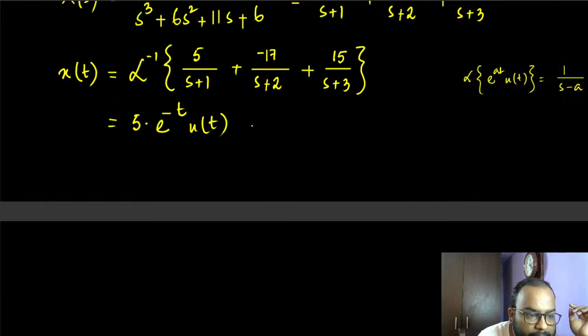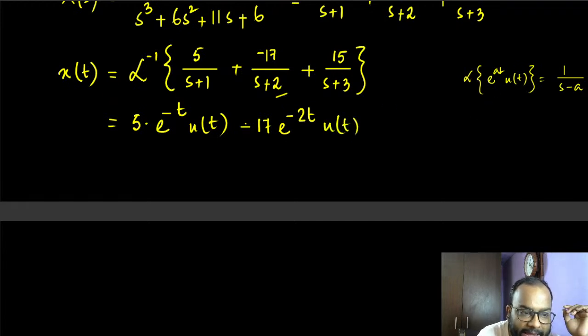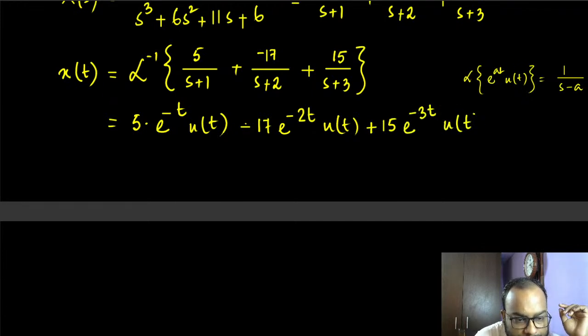All right. Similarly, the next one is minus 17 e to the power minus 2t u(t), because of this formula again. So a here is minus 2, okay, and plus 15 e to the power minus 3t u(t).